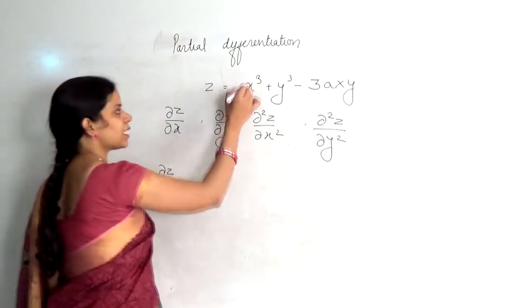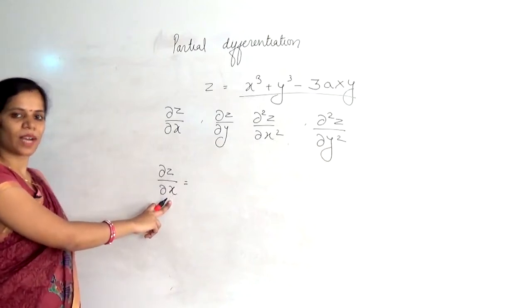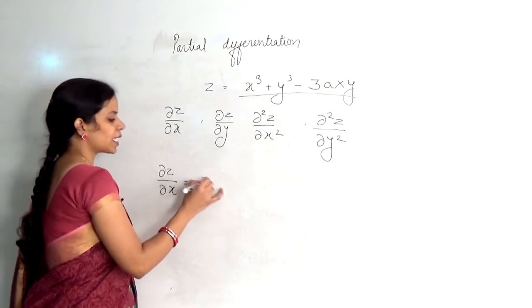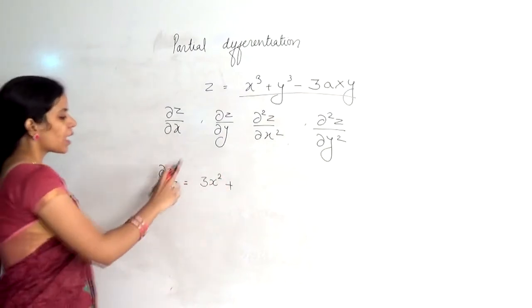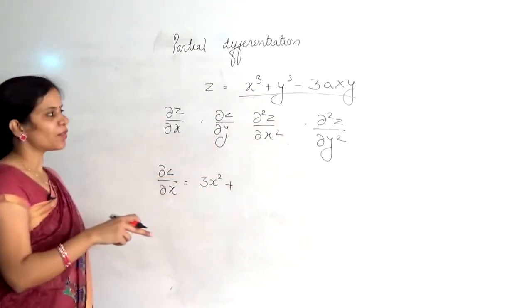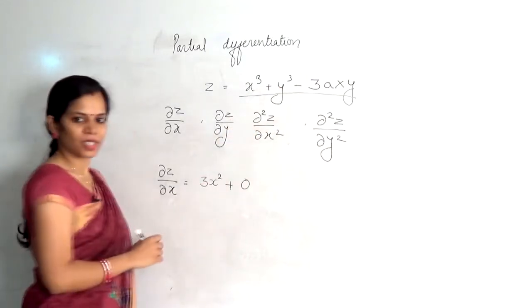We differentiate this equation with respect to x by keeping y constant. If we differentiate x cube, we get 3x square. Then if we differentiate y cube with respect to x, here we are keeping y as constant, so its differentiation will be 0.